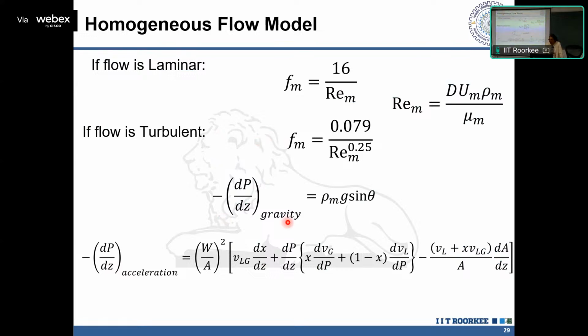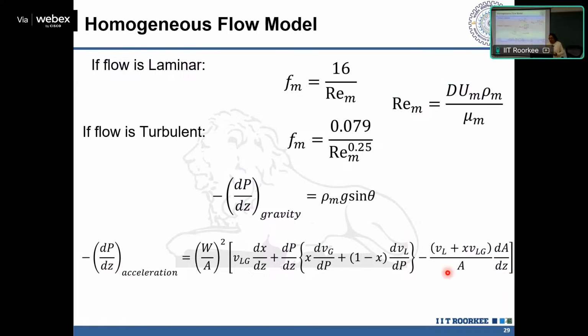What about the acceleration? Now acceleration has two components. One is this one, dA by dz. If you have a tube geometry which is changing along the length, if its area is changing, then this component gives rise to some amount of change in pressure.